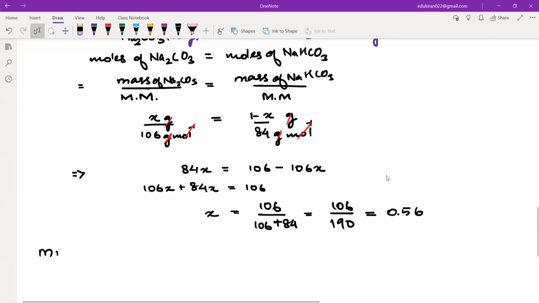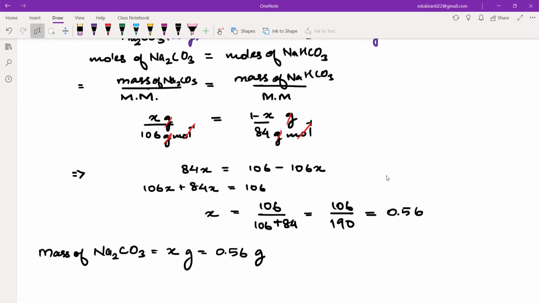So the mass of Na2CO3 will be equal to x grams, so this will be equal to 0.56 grams.